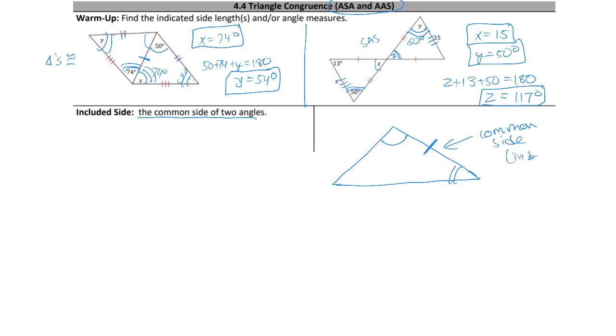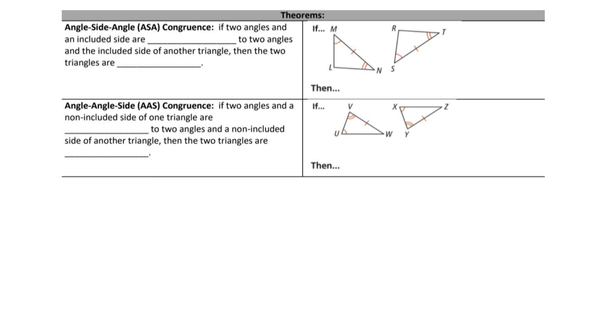In between two angles. So in between those two marked angles would be the common side. That's going to be used in angle side angle and angle angle side. So now we have listed other terms: angle side angle, or ASA, and angle angle side, AAS.